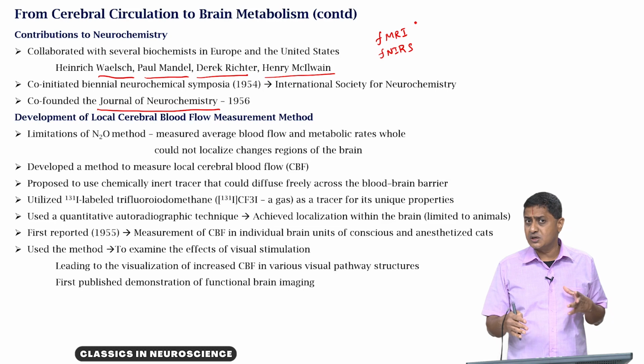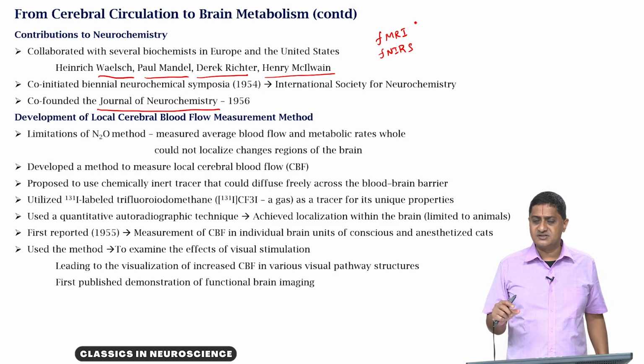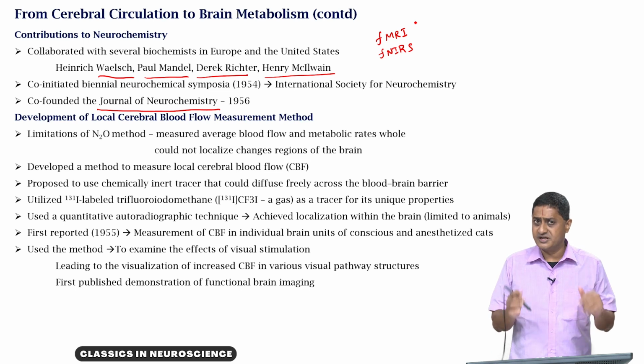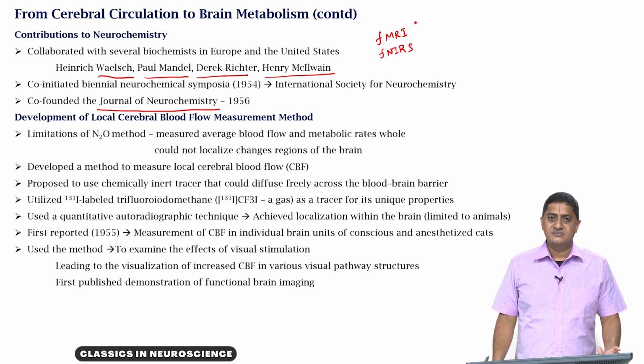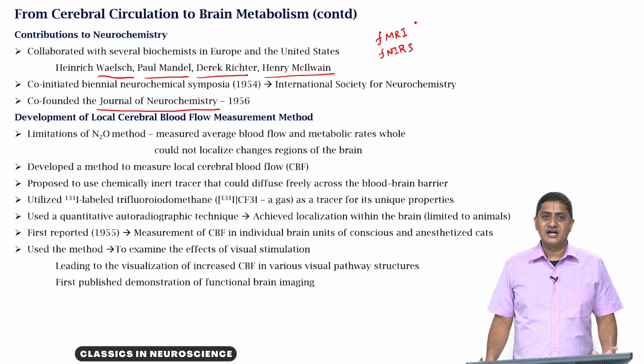Of course, these are not exactly comparable, because the depth to which they can work varies between the techniques. You can read up on these techniques yourself, but functional magnetic resonance imaging is now very popular to study activation levels of the brain during specific activities.